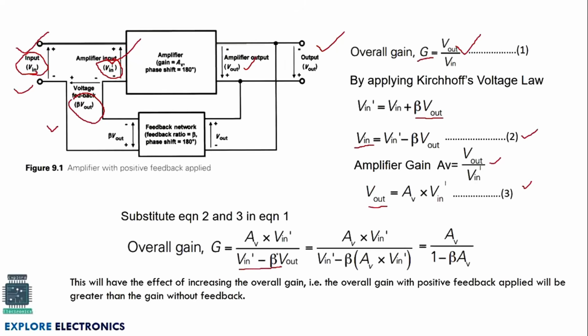In the denominator we have V out again, so we can use AV into V in dash in its place. In the numerator we have V in dash, and in the denominator we can take V in dash as common. V in dash gets cancelled, and the remaining expression is AV divided by 1 minus beta into AV.